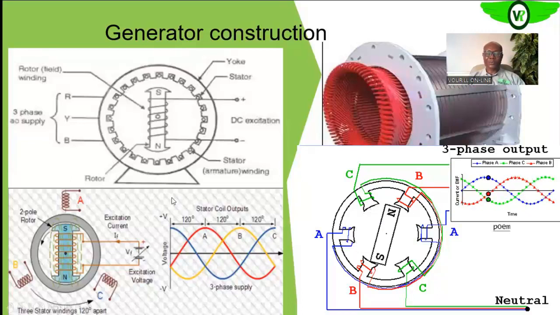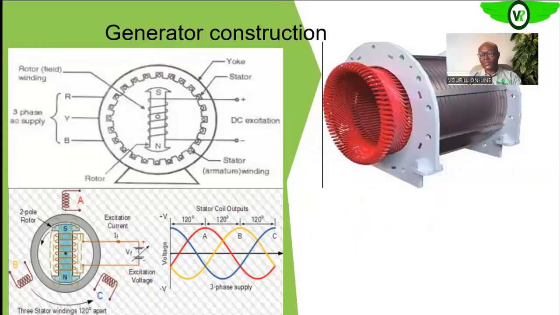So this is how the alternator helps us to convert the rotating mechanical energy that is produced by the prime mover, whichever prime mover you are using, into electrical energy. Okay, so this is the three-phase output that we will eventually get out of the armature.